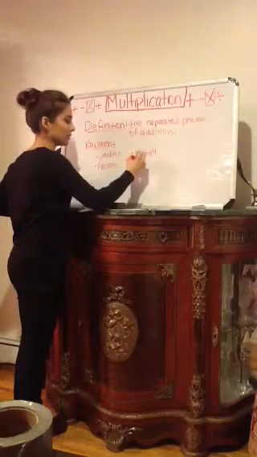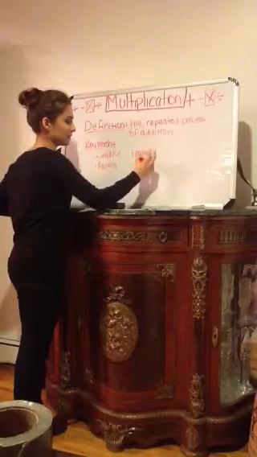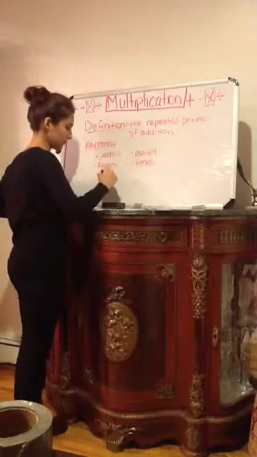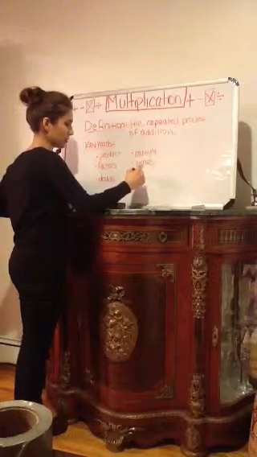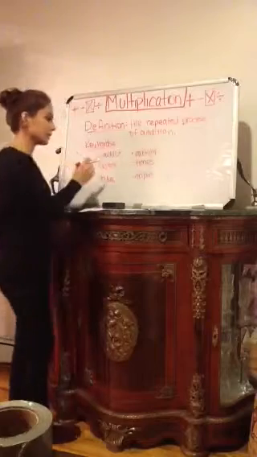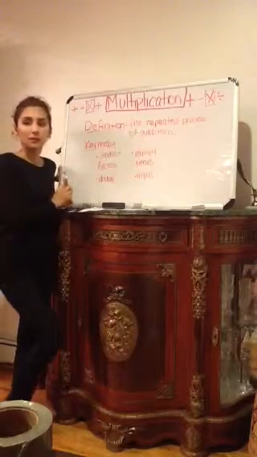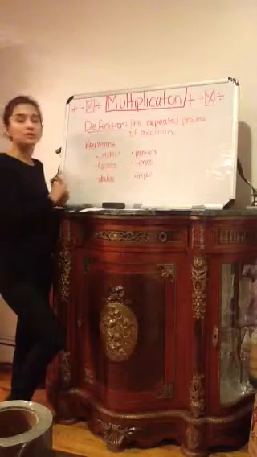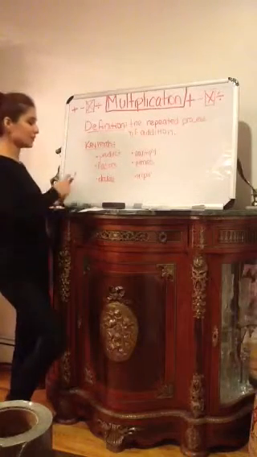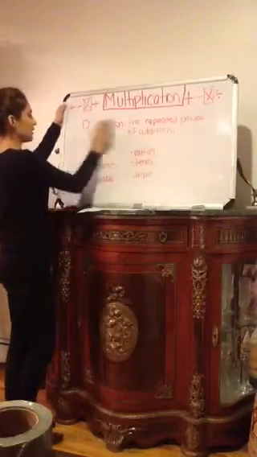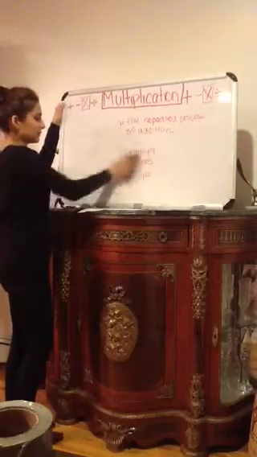Another keyword would be times, double, or triple. These are some keywords that you can look for in your problems to know that it pertains to multiplication. So let's move on to doing some examples.